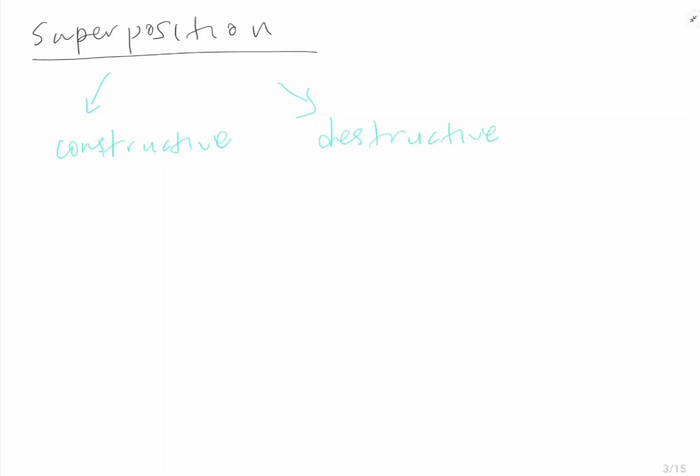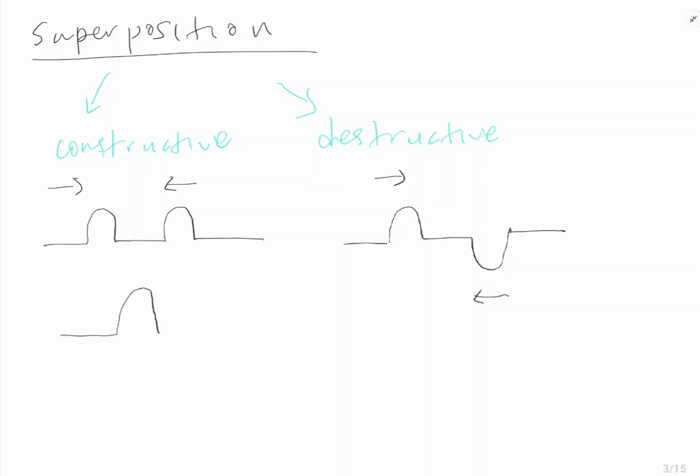So basically superposition is when two pulses are moving towards each other with a certain amplitude along the same medium. The amplitudes can either add up to create a bigger pulse, or they can subtract from each other to create a smaller pulse, or if they're the same, they can just cancel each other out.